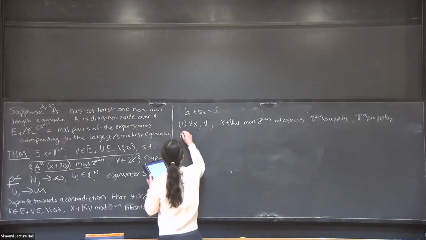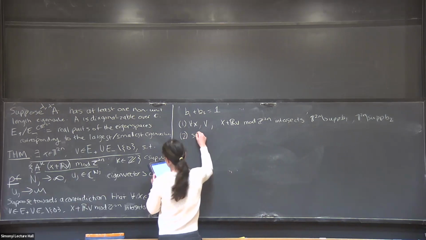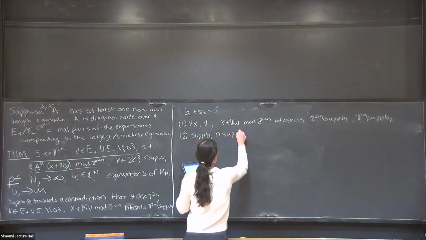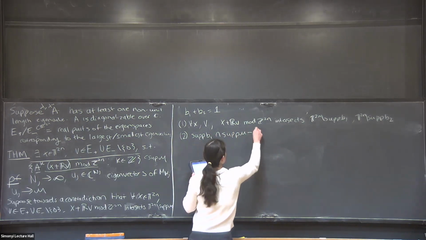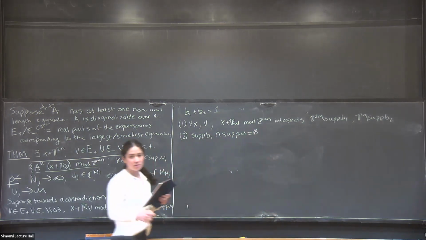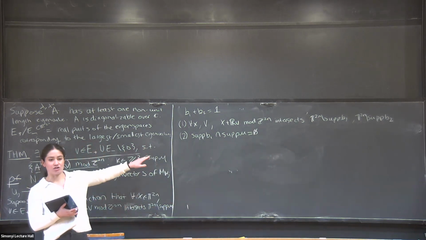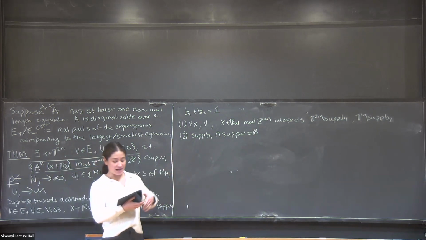The second property is that B1 is supported away from the semiclassical measure. The construction of this partition of unity is non-trivial, but today we'll just take it as a fact.